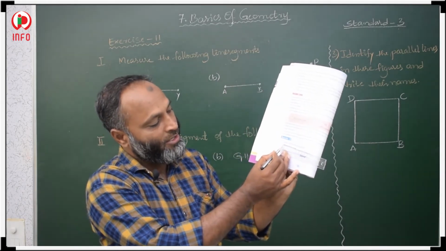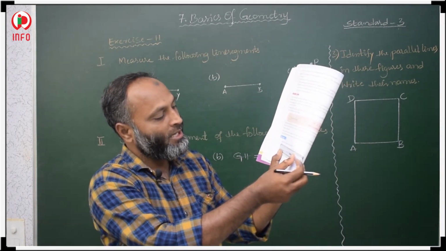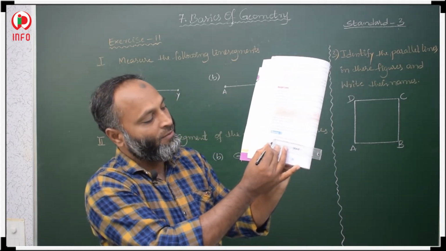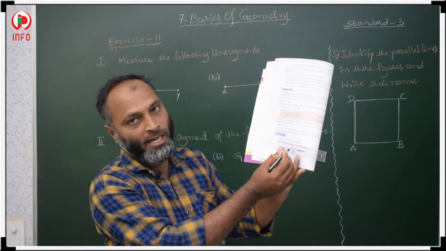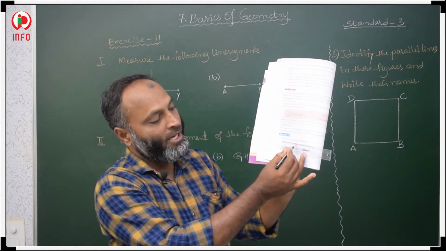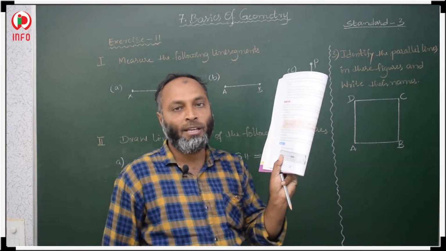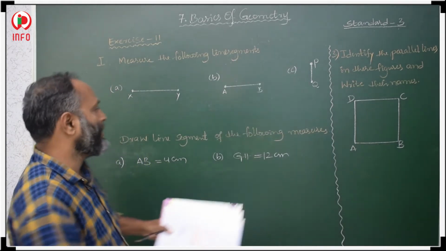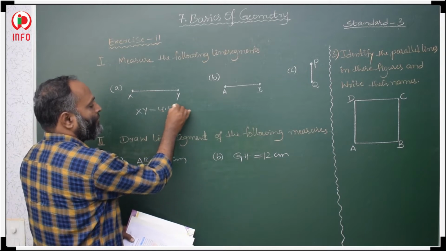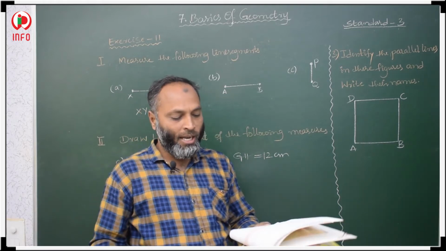The first point should be kept at 0 and the second point we have to see where it coincides. It coincides at 4.5. It means the length of line segment XY is 4.5 centimeters.